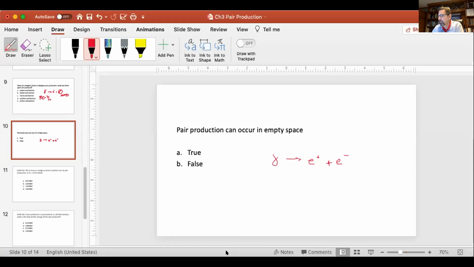Okay, share results. The reason we said that can't happen, and review the pre-lecture video yesterday if you missed this, is that in order to conserve both energy and momentum simultaneously, some momentum from this incoming photon has to go someplace else. Otherwise, the momentum and energy balance can't both be true. So we need this to happen near a nucleus or an atom.